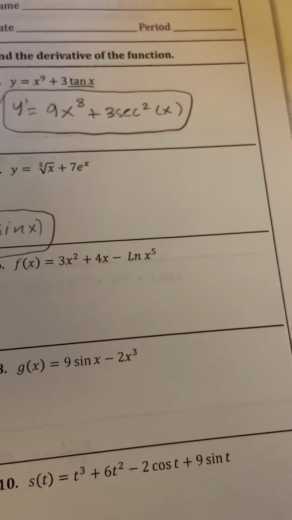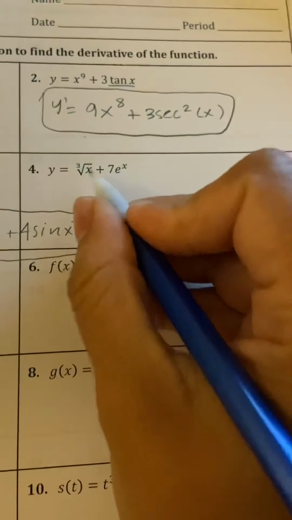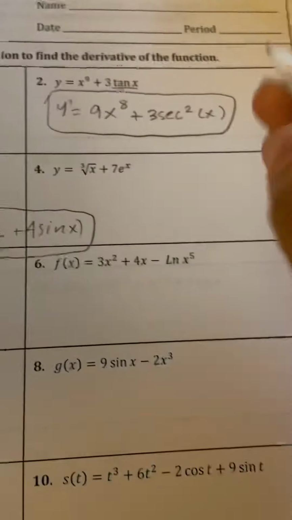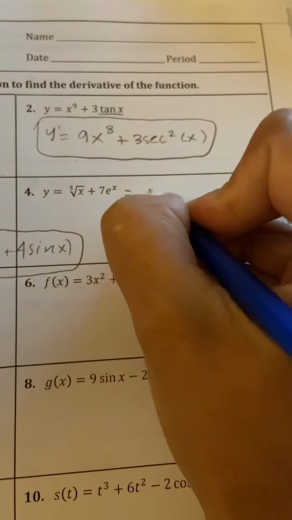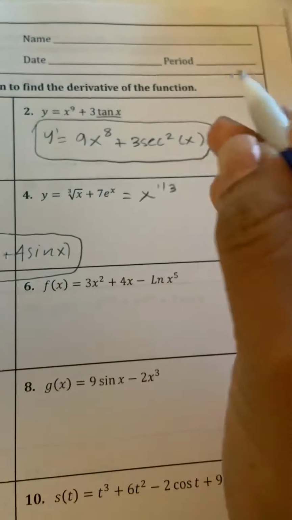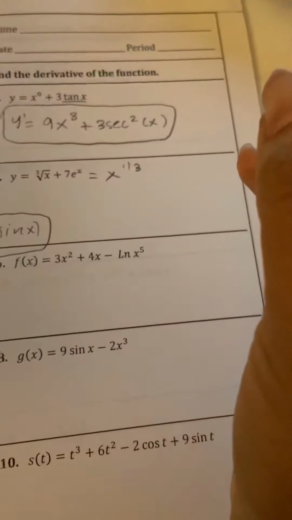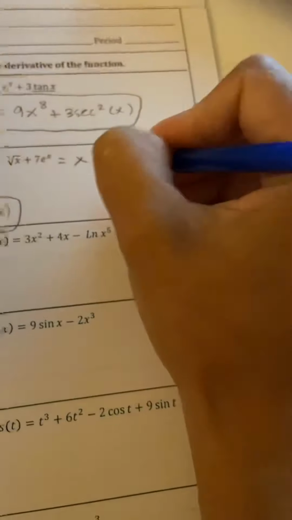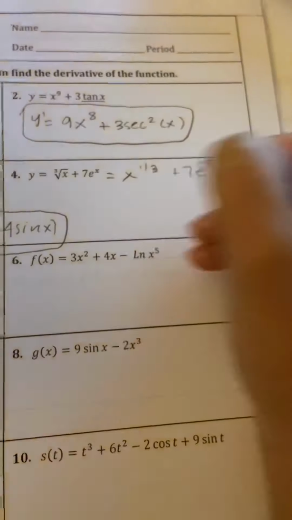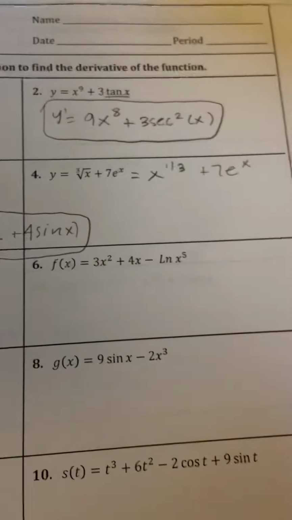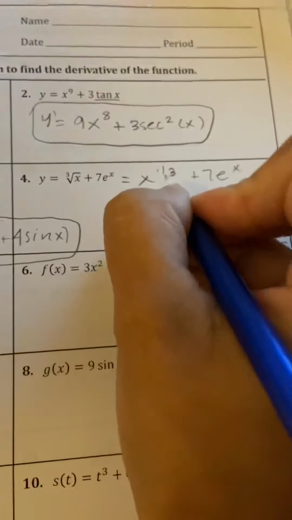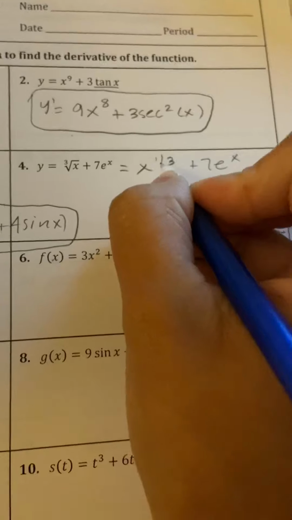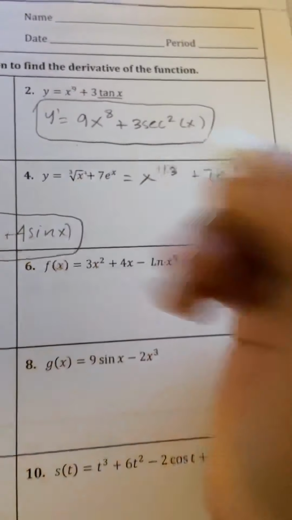Let's work on 4. As soon as you see a radical, any root of any kind, rewrite. So I would have x to the power of 1/3 plus 7e to the x, okay? Anyway, for those of you wondering where I got that one from, well, remember there's an invisible one here, okay?